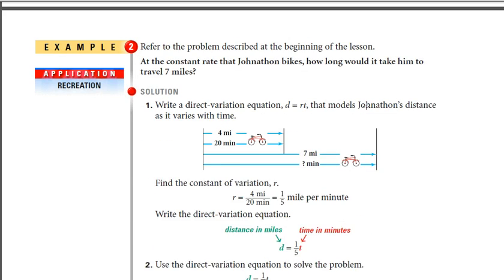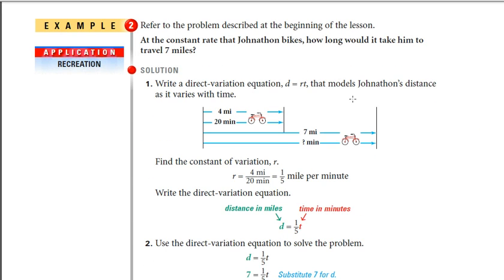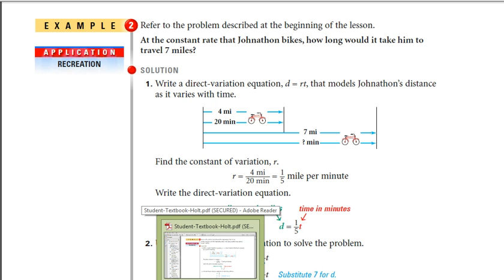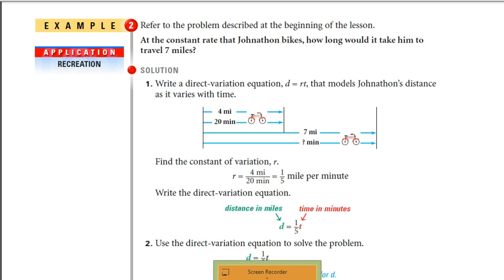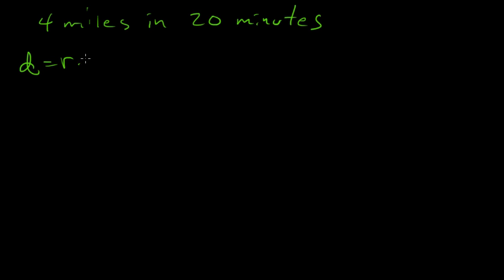All right. So here we're talking about the bicycle equation. This is example 2, and so let's take a look at that. In this case, remember I said that the bicyclist goes 4 miles in 20 minutes. And the direct variation equation that they use is distance equals rate times time.